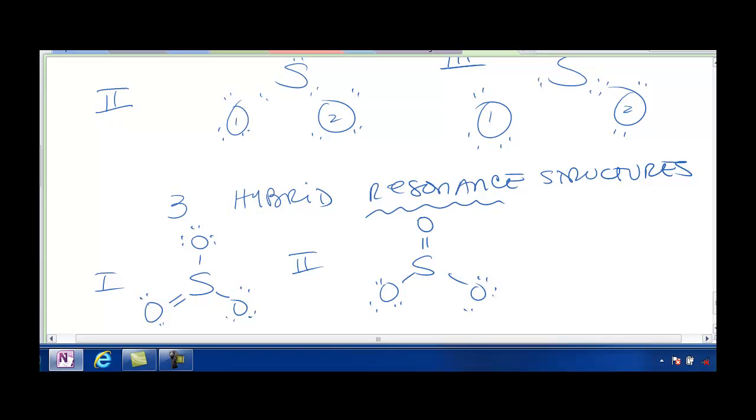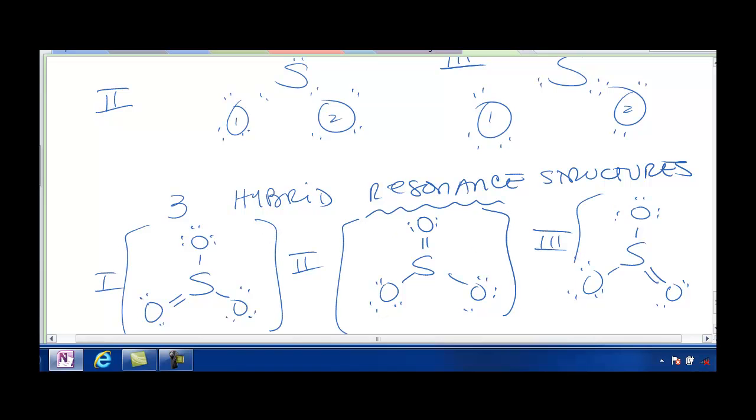And everybody had an octet. Structure 3. I had a double bond here. Whoever has a double bond needs 4 more. Whoever has a single bond needs 6 more. Okay, so this structure is as valid as that one, which is as valid as that one.